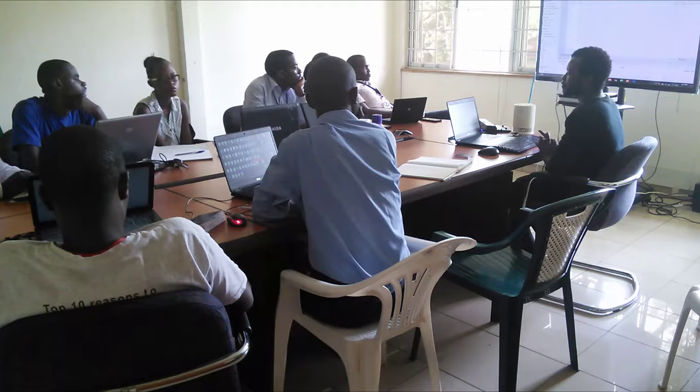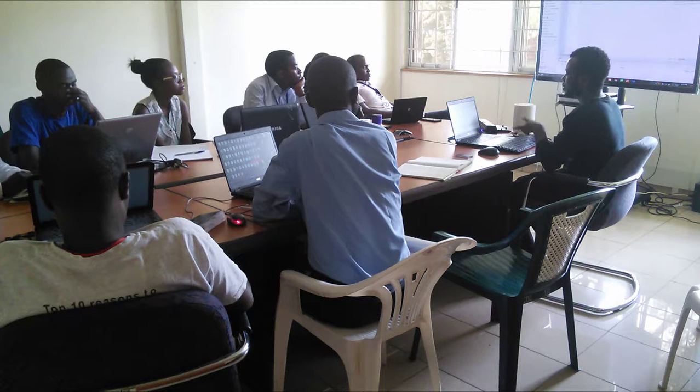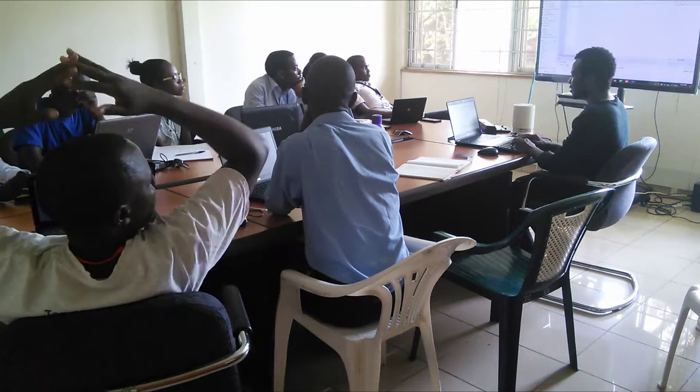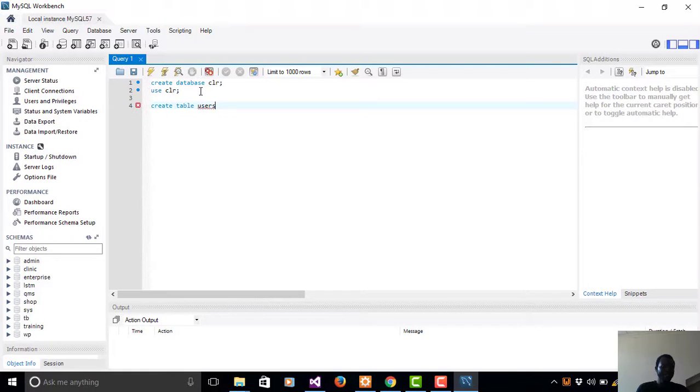I want to import my users table from another schema, from another database. So what I'll do is say create table users, and I want to get a copy of the users table from one of the databases that I already have here.